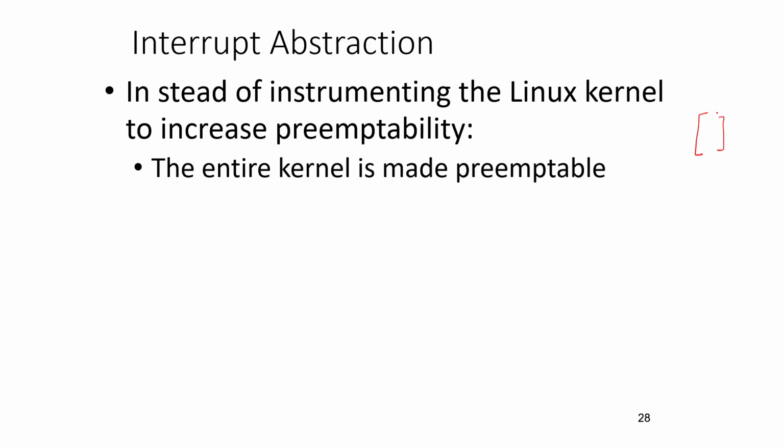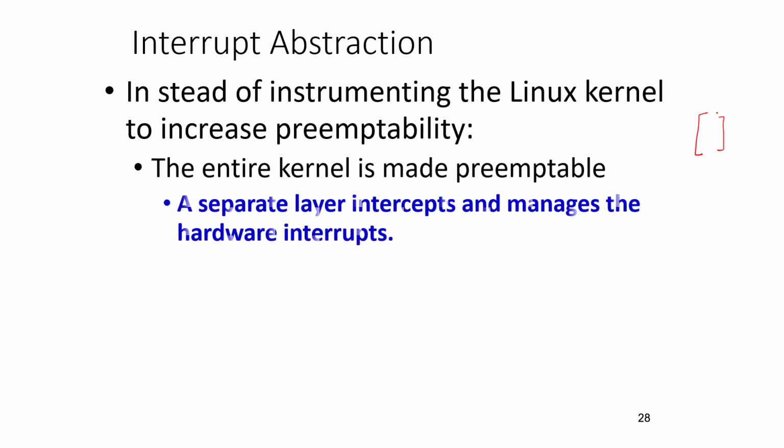But is that enough? Well, clearly no. The entire kernel has to be made preemptible. And to do that, we can follow the approach of Xenomai and RTAI, which is a small layer below the kernel.